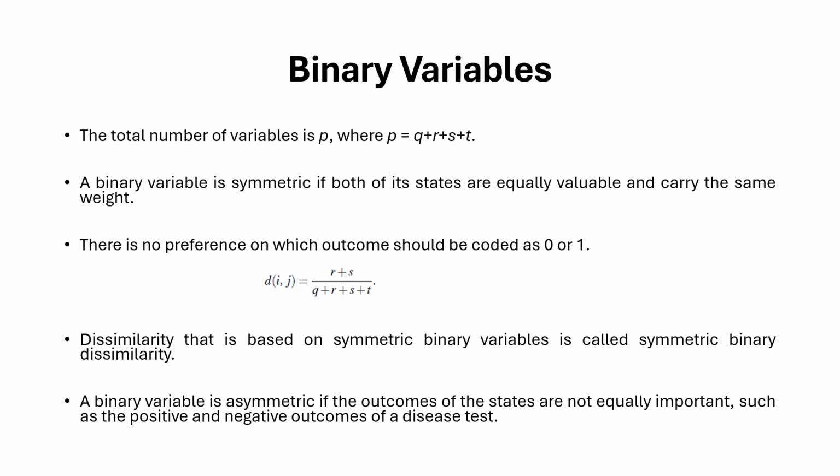If it is negative, you can say no. If it is positive, you can say yes. So these two binary variables have different weightage for their states. Both the outcomes of the states are not equally important, such as negative and positive outcomes of a disease test. So this is what an asymmetric variable is. I hope you have understood what is symmetric and asymmetric variable.